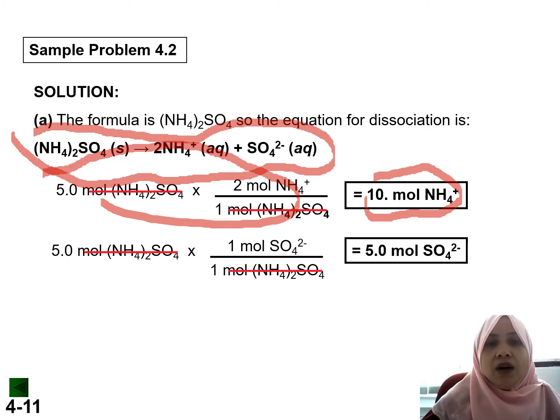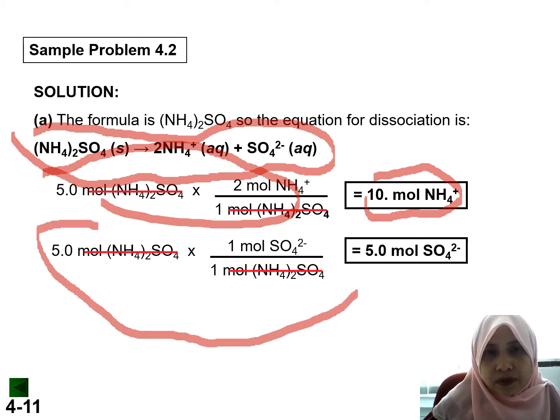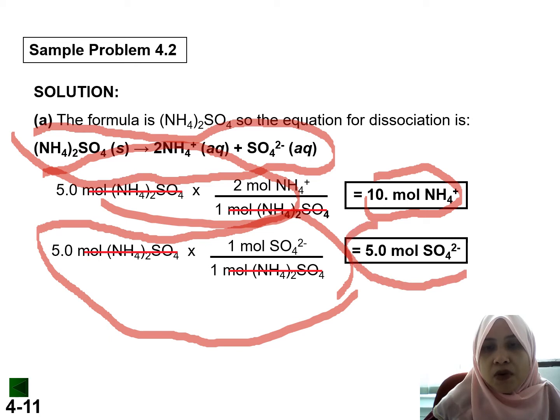How about if 5 mole of ammonium sulfate, it will produce how many sulfate anion? So you need to write this equation like this, then solve this equation, then you will get the number of mole of sulfate.